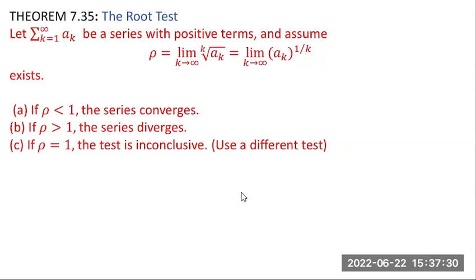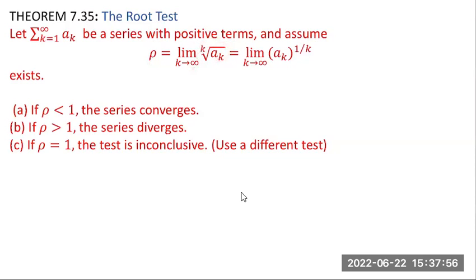Okay, the next theorem I want to go over is theorem 7.35, the root test. Here is what the theorem tells us. Let the sum for k from 1 to infinity of a_k be a series with positive terms, again, a series with positive terms, and assume that rho is equal to this particular limit.